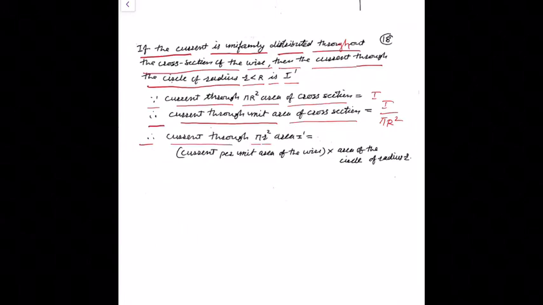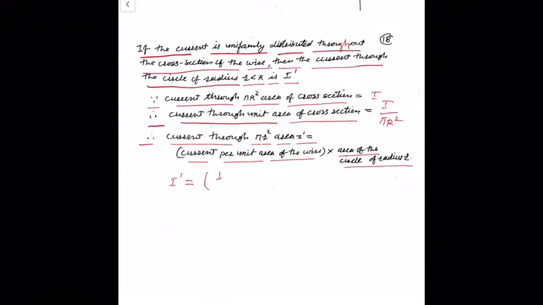Therefore current through pi small r square area is I dash, equal to current per unit area of the wire into area of the circle of radius r.